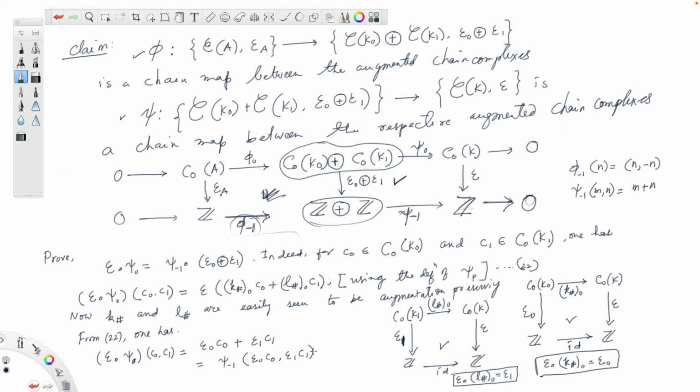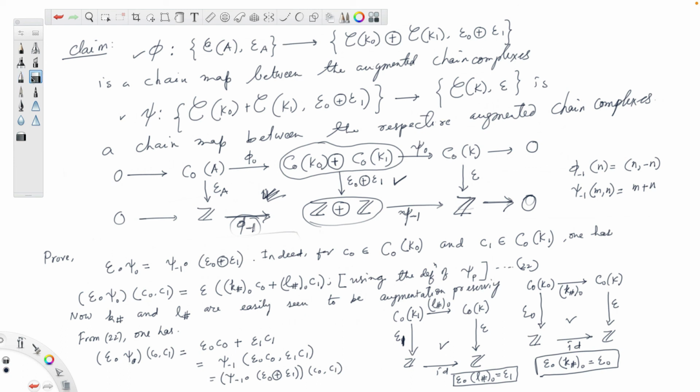Okay, and this is nothing but psi minus 1 composed with this direct sum of the augmentation maps epsilon 0 direct sum epsilon 1. Okay, and the whole thing acts on the pair c0 comma c1.